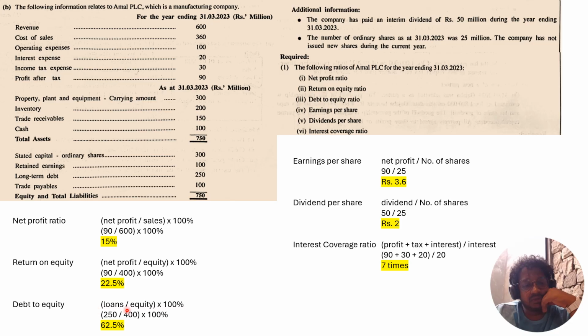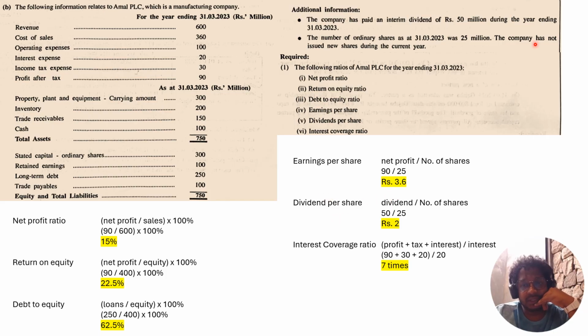Debt to equity, loans divided by equity. Long-term loans here are given as 250, and equity we found earlier is 400. So your debt to equity ratio is 62.5. And earnings per share, net profit divided by number of shares. The number of shares given here is 25 million, and the net profit is 90 million. So 90 divided by 25, your earnings per share is 3.6 rupees.